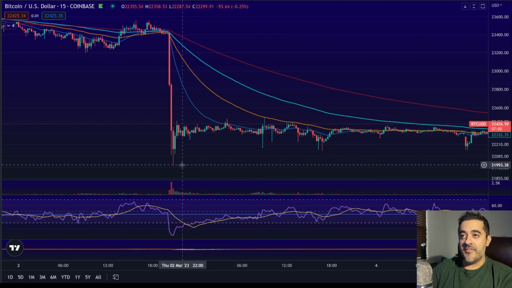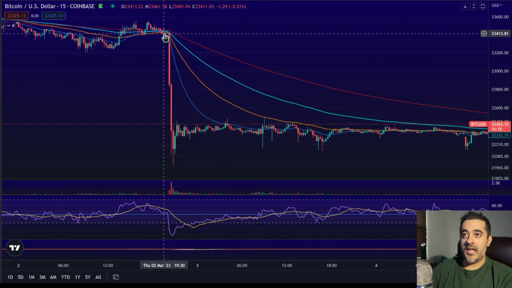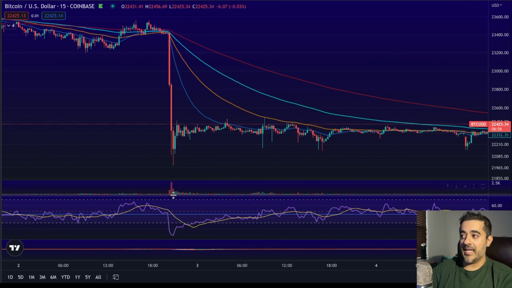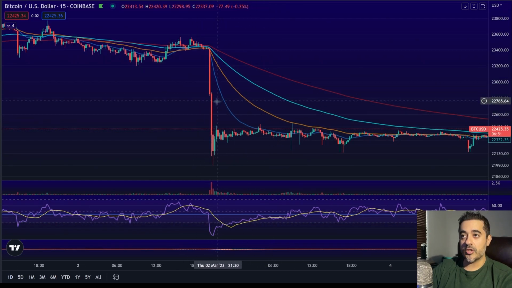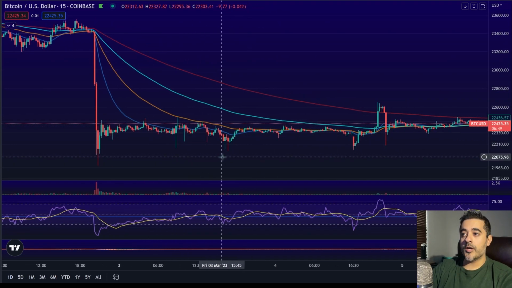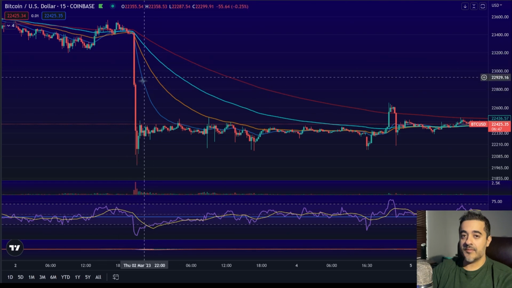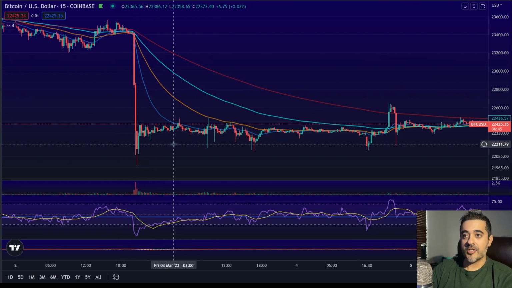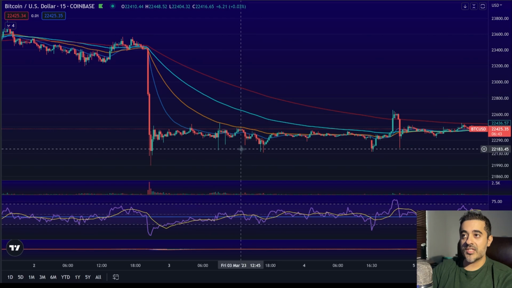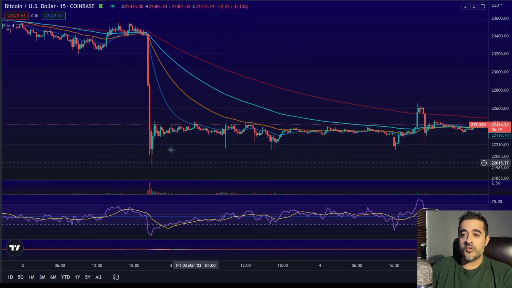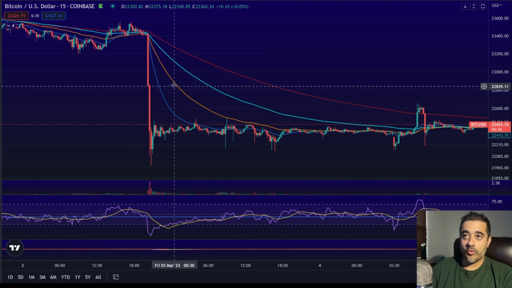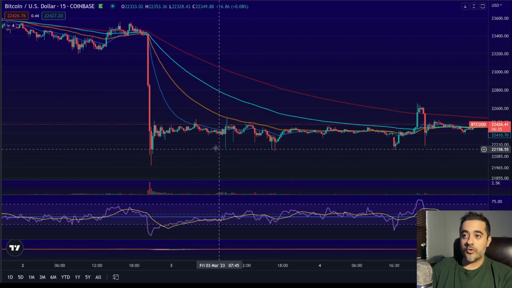Very, very quick drops, heavy volume coming in and just pushing the price down. This to me seems like capitulation from one or more large entities. This doesn't look to me like it's retail, right? This looks to me like that Silvergate news came on and someone either needed capital or someone's trying to manipulate the market and did some shorts, and then they triggered this drop.